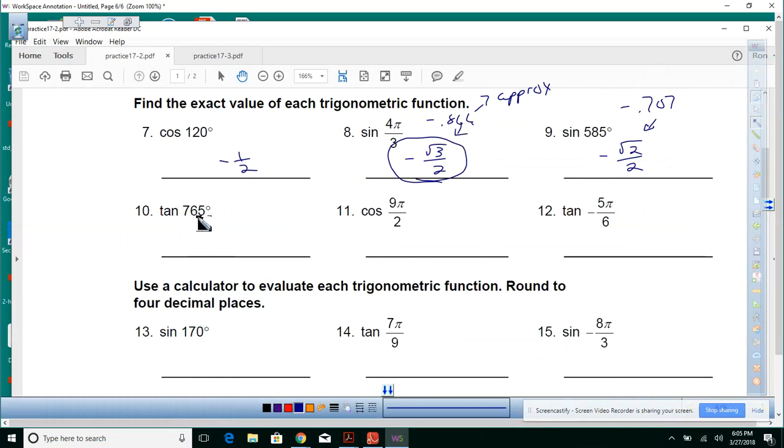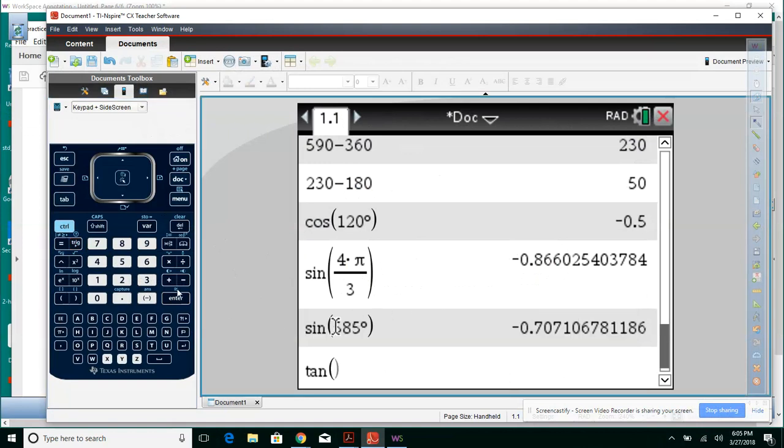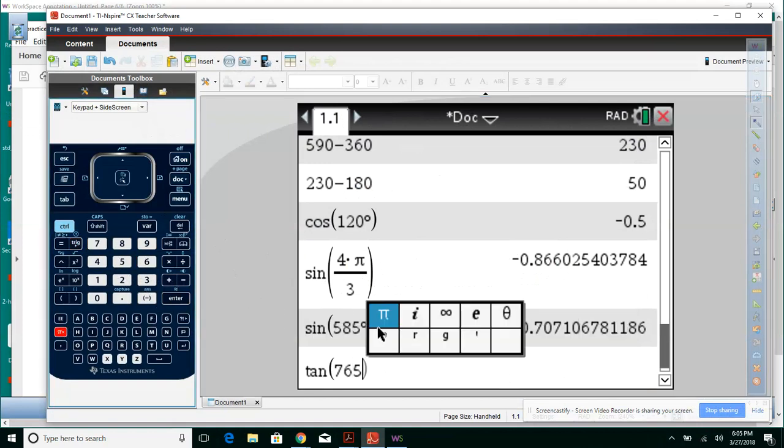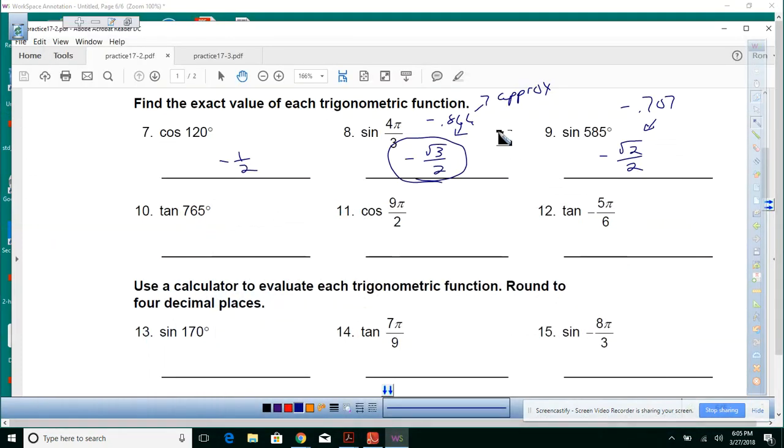Tangent 765 degrees. Let's just put that in there, see what we get. Tangent 765 degrees. 0.9999, we're just going to say that's 1. All right. Cosine 9 pi over 2.